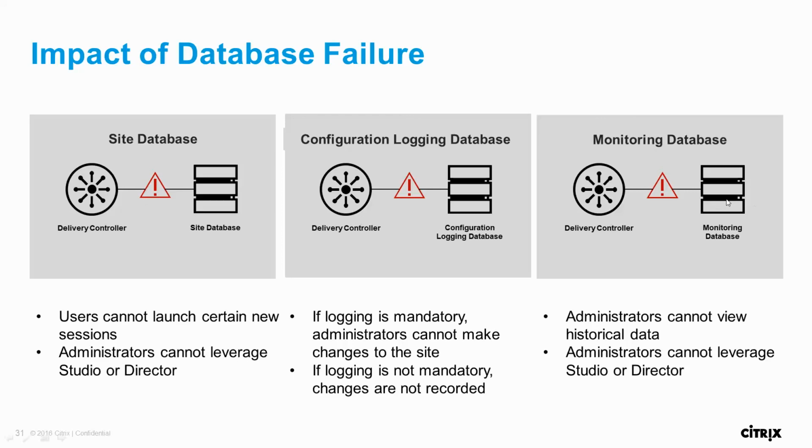Also, the administrator cannot use Studio or Director, so both will be down automatically. So you can easily find out that the database is down. Based on the scenario, you need to understand and identify which database is down. They will not tell you that this database has failed. Understood?